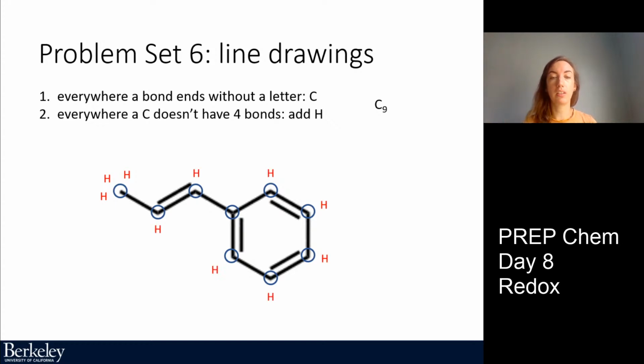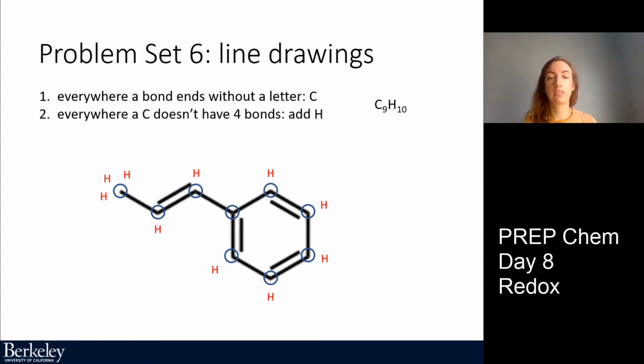And then most of our other carbons need 1 more hydrogen because they all have 1 double bond and 1 single bond. So they have 3 bonds and they need 1 more. The exception being that carbon in the middle there that's coming off the ring. It already has 4 bonds. It has the double bond coming down and then 2 single bonds. So it doesn't need any more hydrogens. And so we can count how many hydrogens that is. And so this molecule is C9H10.